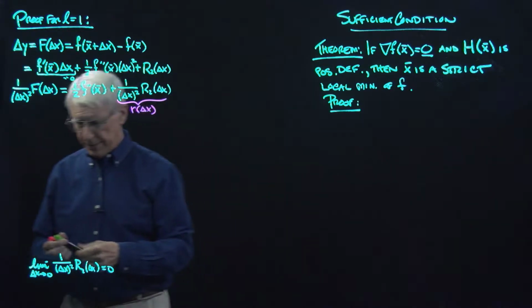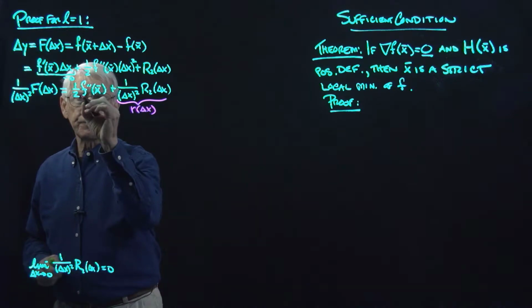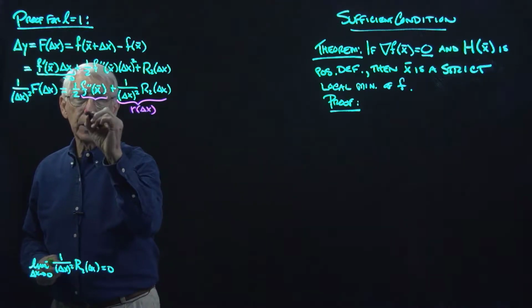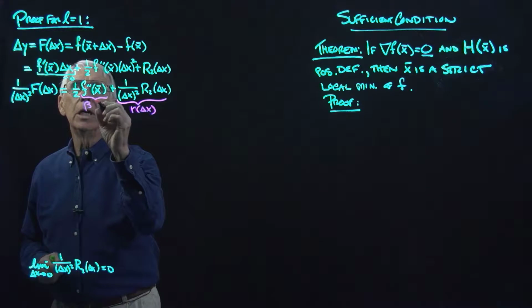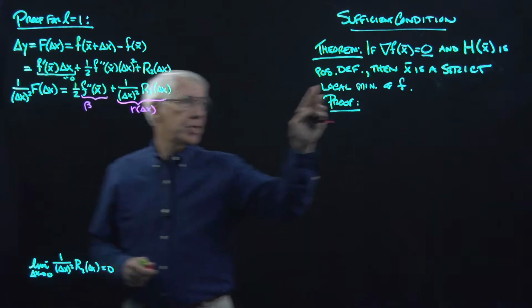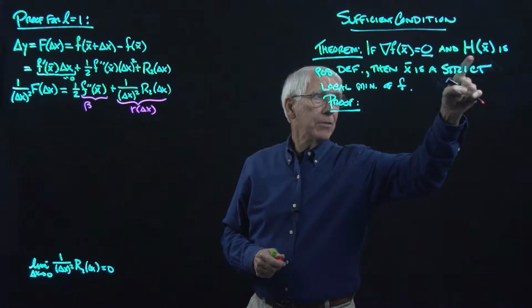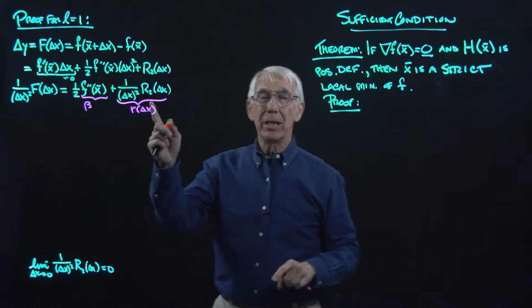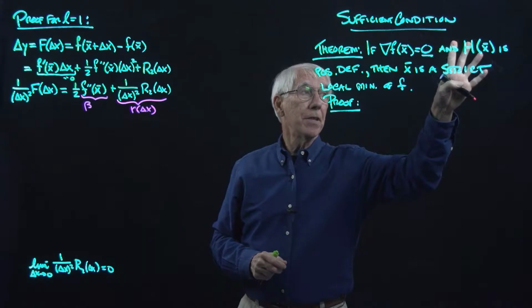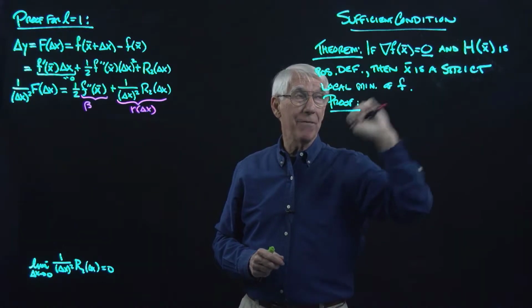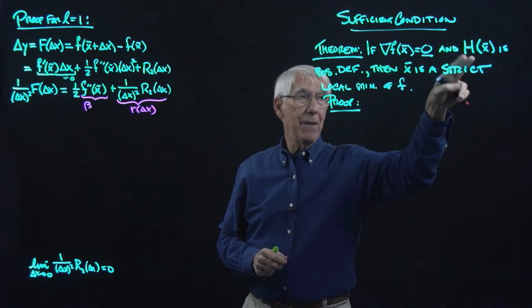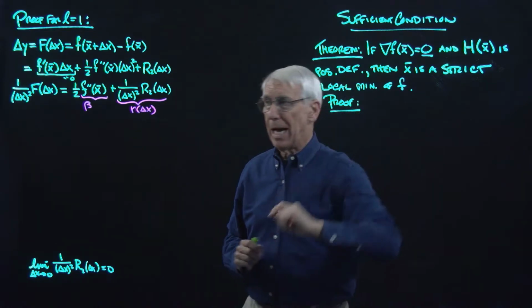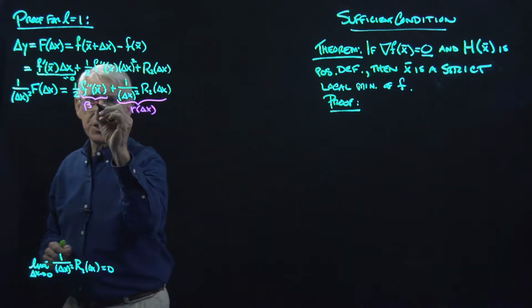And what's this? Well, this is just some positive number. Because we've said the matrix of second partial derivatives is positive definite, but in the case of L equals 1, this is just the second derivative of f. So the second derivative of f, evaluated at x bar, is positive, and so this is some positive number.